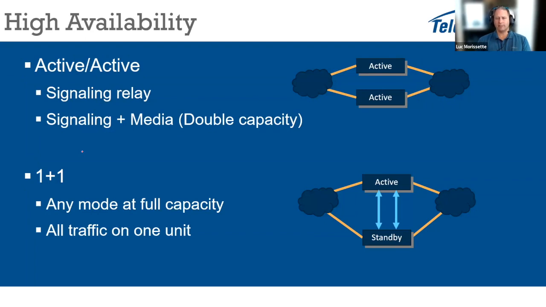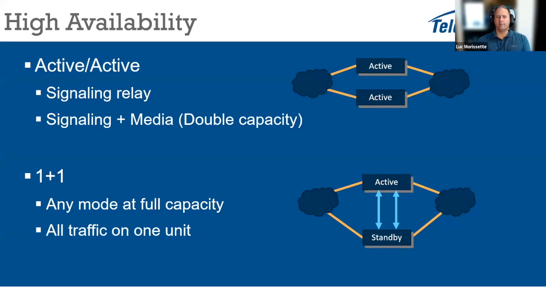When you talk about media, it's a bit more tricky because you will have media going to one device like this and media going to another device like this. You need to have double capacity to be able to accept this. So if one system fails here, you will lose about half the capacity of the system.